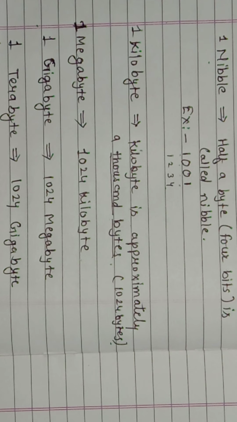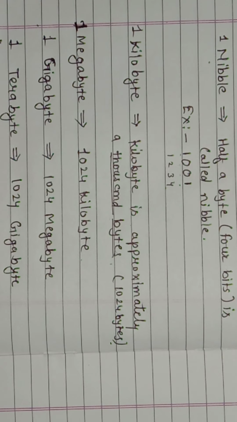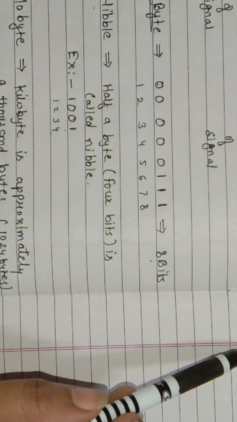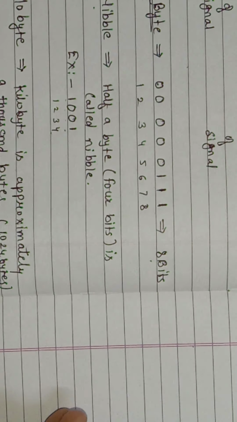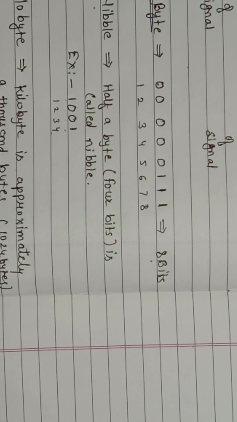Terabyte is a measure of computer storage capacity. After that, 1 petabyte equals 1024 terabytes.